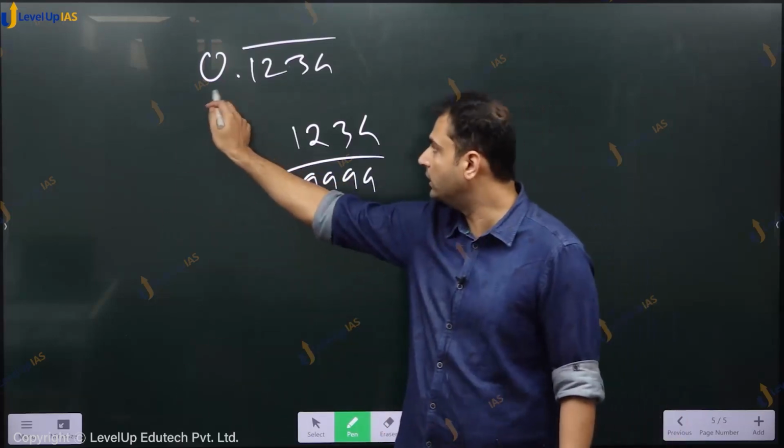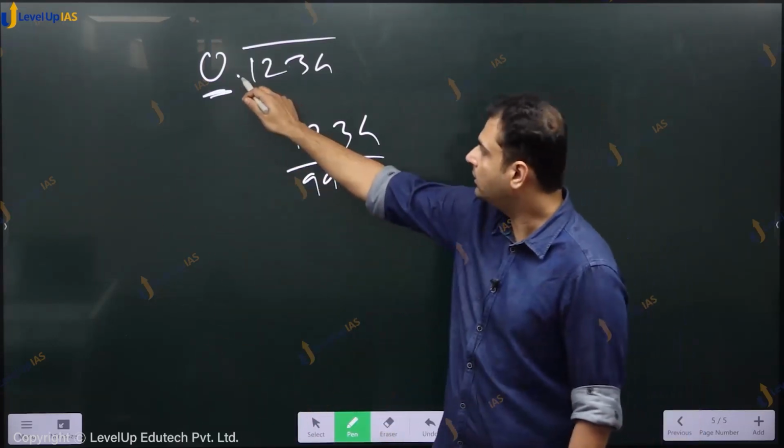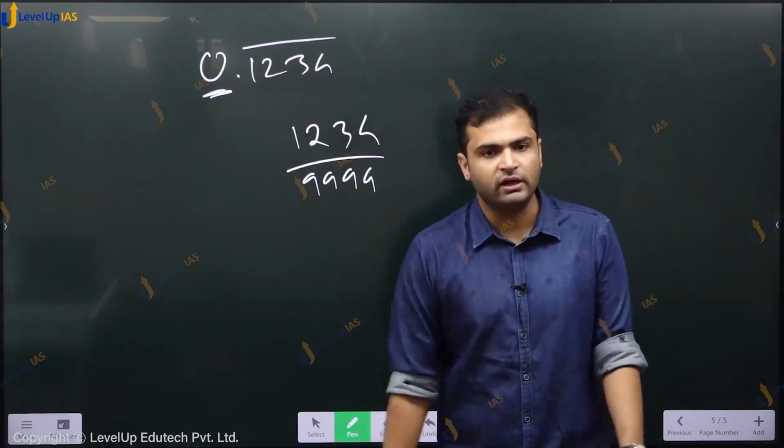If there is 0 here and repetition starts immediately after the decimal point.